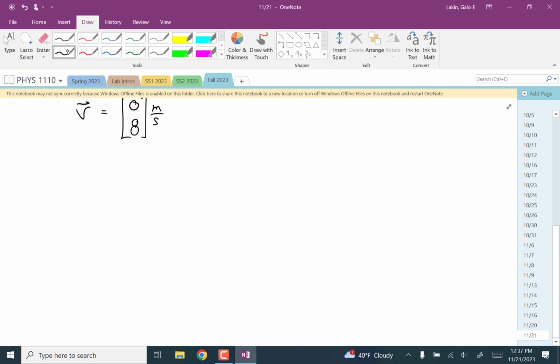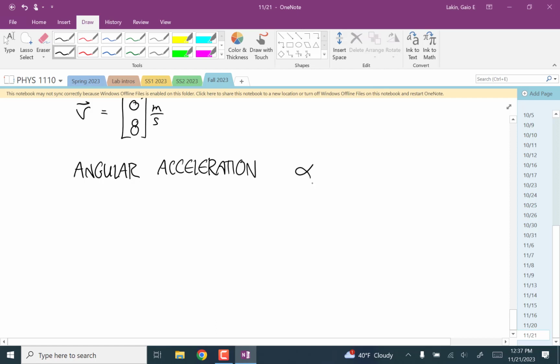Okay, so now angular acceleration. And I'm going to denote this with the Greek letter alpha, lowercase alpha.